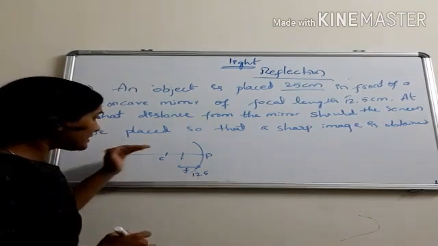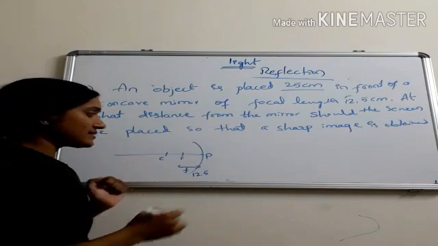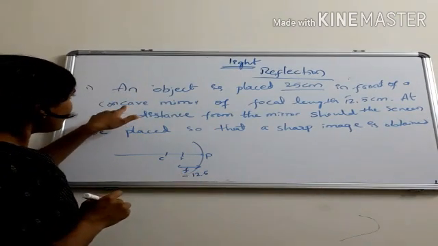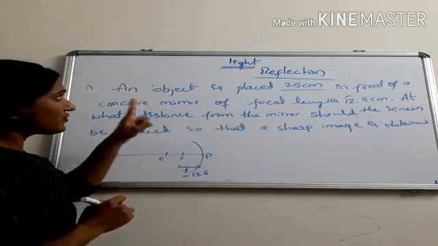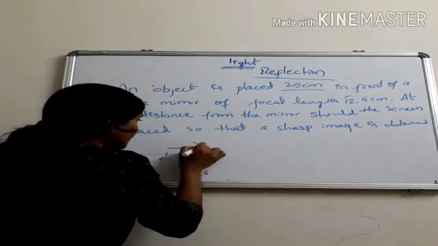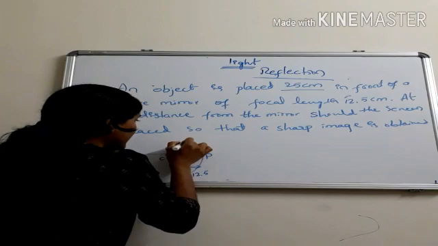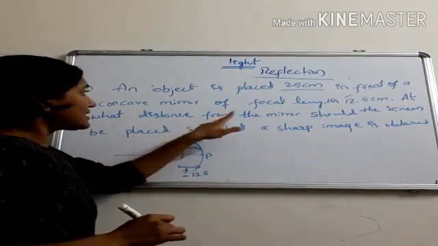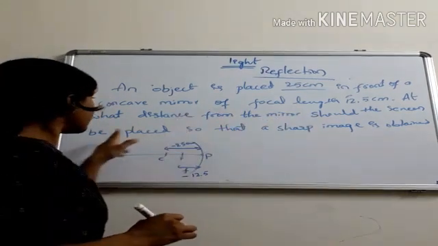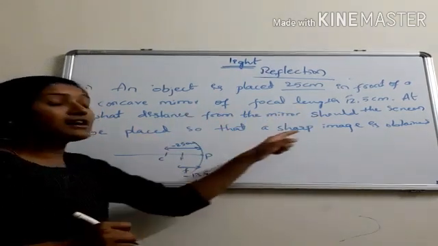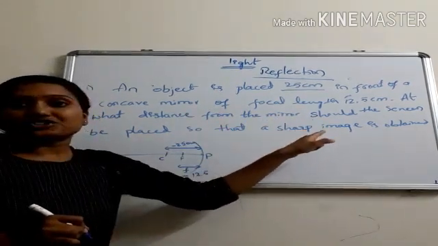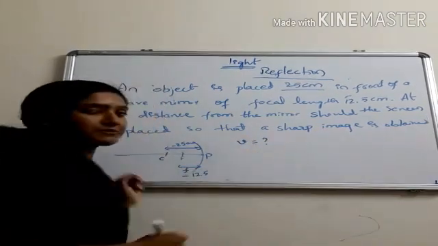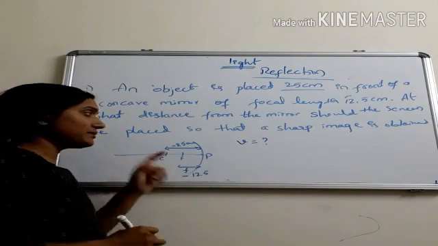I told you it's below the principal axis, so I'll take it as minus. In front of the concave mirror means negative, right? 25 centimeter. So at what distance from the mirror should the screen be placed to get the image? Clear? So we have to find out V, the image distance.